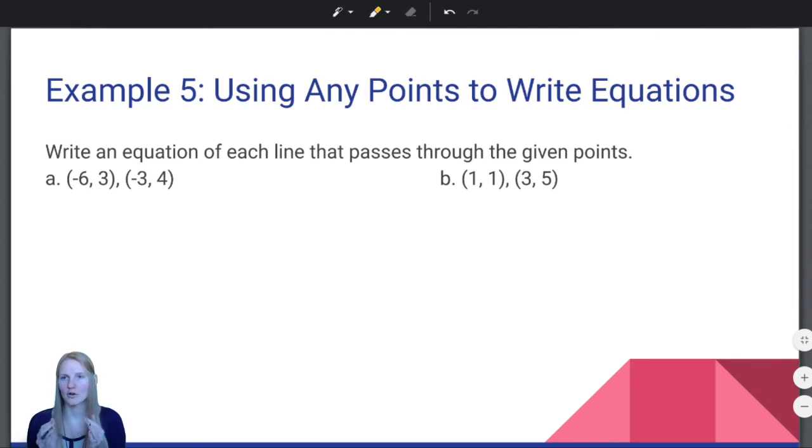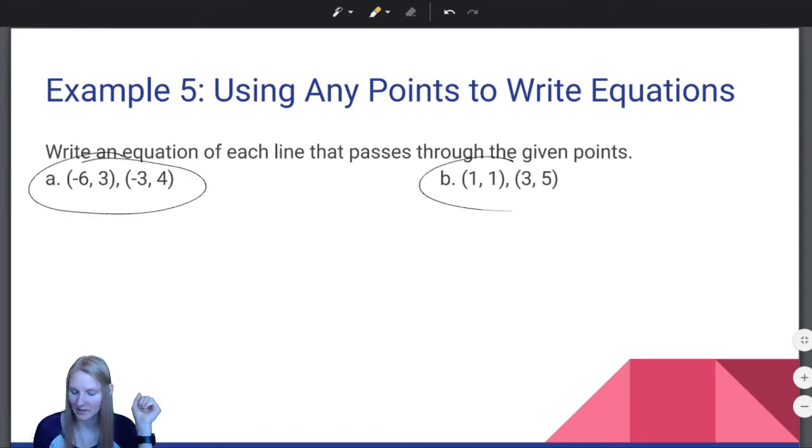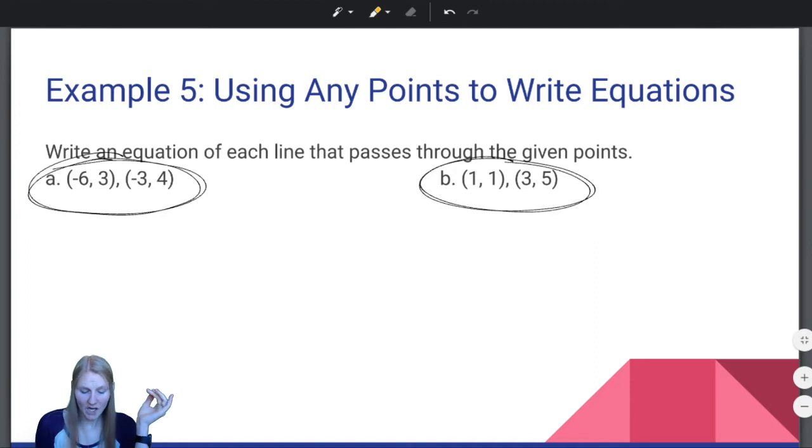So our learning target said that we know how to find the y-intercept, and our success criteria was that we could find the equation of a line using any 2 points. Now what I want you to notice is, look at the points that they give us for part A and part B. Is the x-coordinate 0 in either of these?